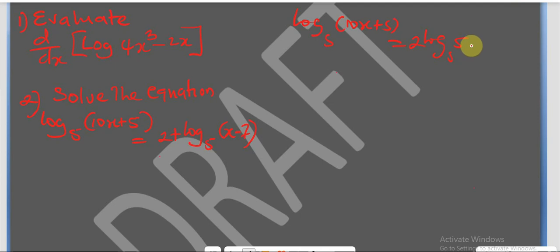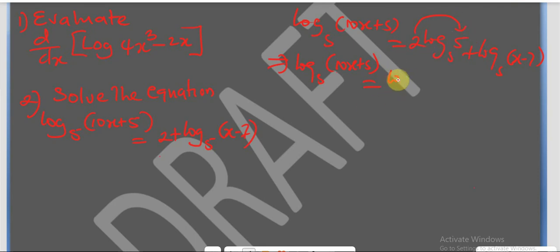So plus log base 5 of (x minus 7). So what I need to do again here is to write log base 5 of (10x plus 5) is equal to, then I'll apply the power law of logarithm here. This 2 is going to go up to be the exponent of this 5.